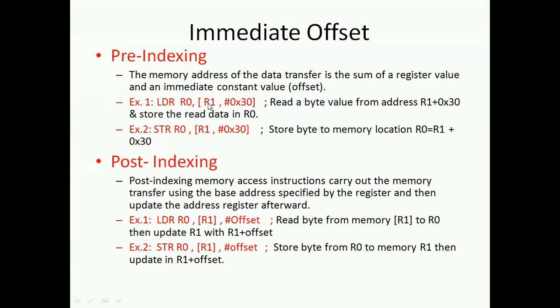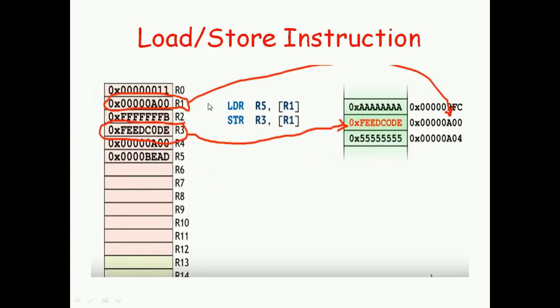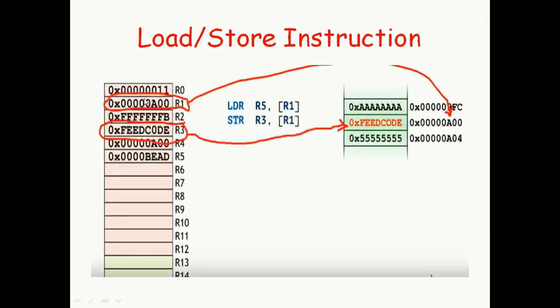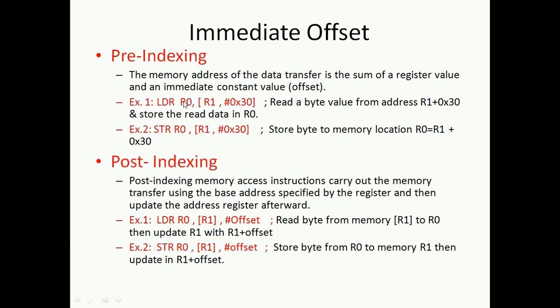The content of R1 from this table, let us take this one, 0x00000a00 is the content of R1. To this content of R1 you are adding this value. Whatever you get after the addition is now the memory address.